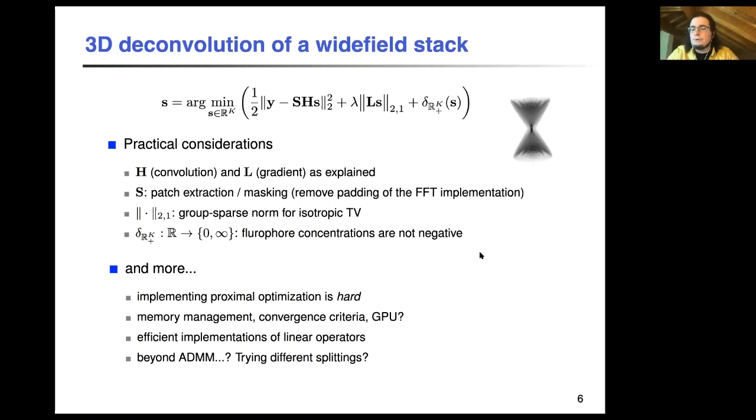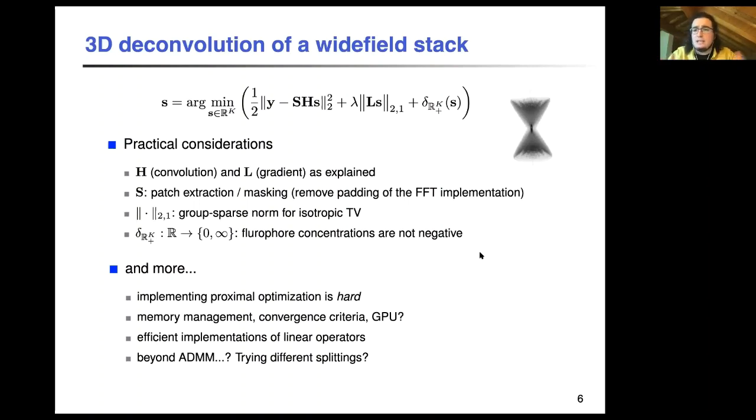And suddenly you realize it's taking long and you want to switch to GPU. So sometimes this may mean reprogramming or reformatting your code so that it works on GPU. Then there's also that every linear operator that you use, you've seen that the many pieces can serve for many imaging modalities. You want to make sure that each of them is implemented as efficiently as possible. So reusable code would be convenient.